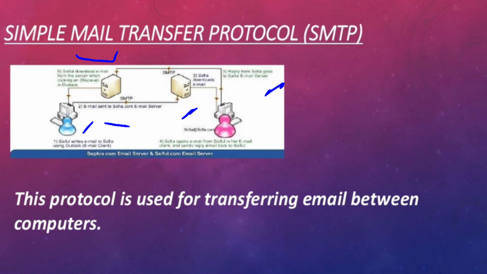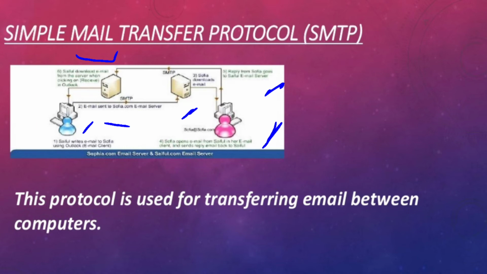How long will it keep on lying in Sophia's server? Until this particular person called Sahul opens the email ID, uses the login password and opens the email inbox. It keeps on lying till the time this person opens the inbox and checks the mail.